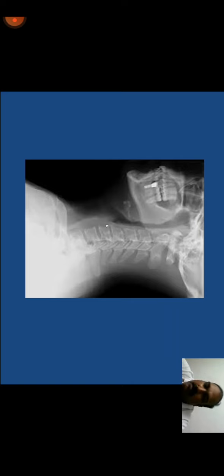Anterior osteophytes are not of much importance because these are just anatomical changes occurring in the vertebrae. But posterior osteophytes are of significance because they can impinge nerves. So you should be looking into this area, which can be seen in oblique view. I will try to explain that in oblique view.